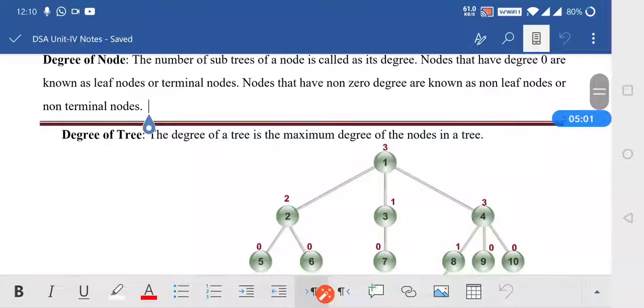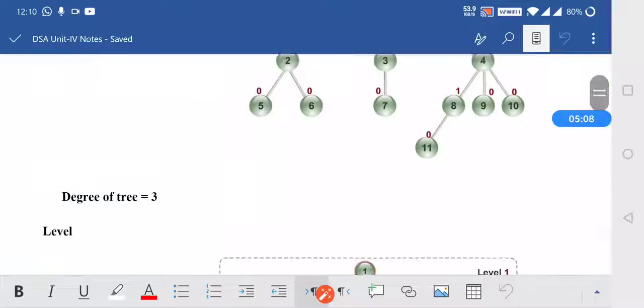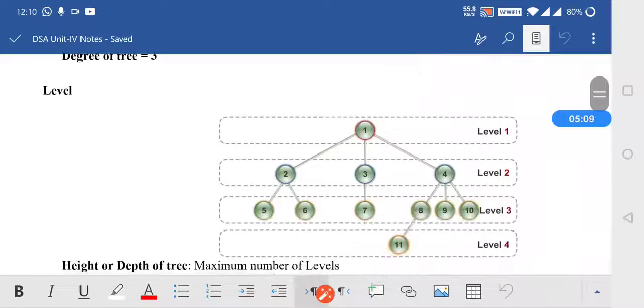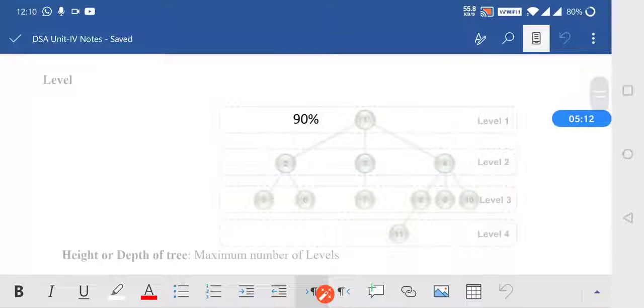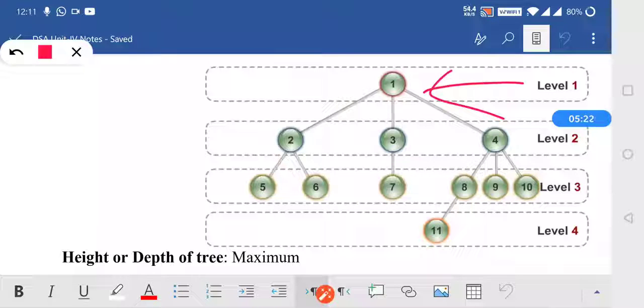Now degree of tree. The degree of tree is the maximum degree of the nodes in the tree. That is nothing but 3. Now we can see the levels. See this particular example. Where the root node is present, that is called level 1 of any tree. Then the child nodes under the root node are at level 2.